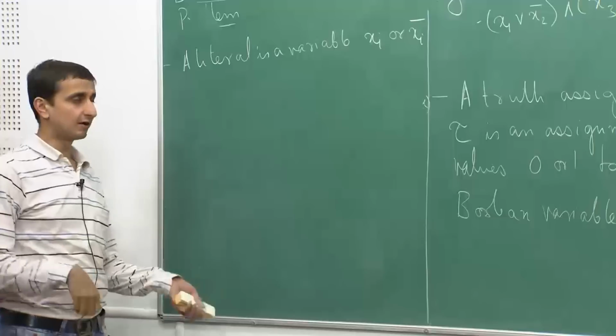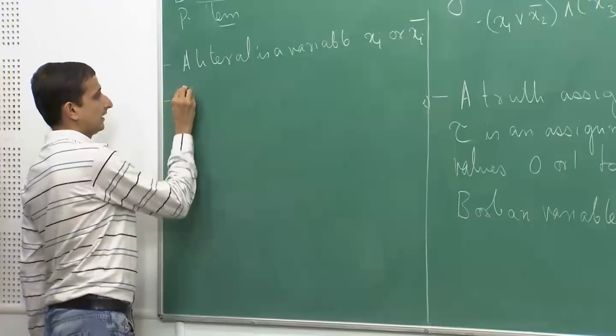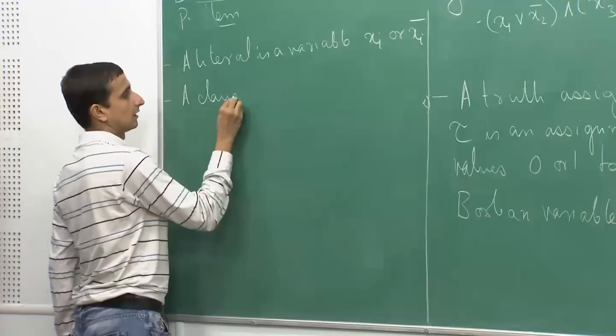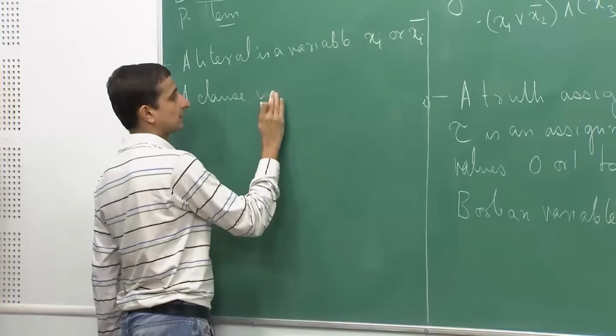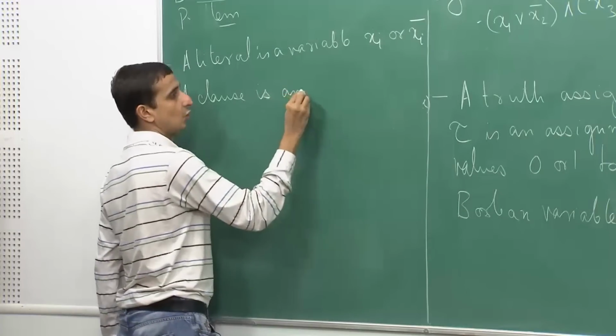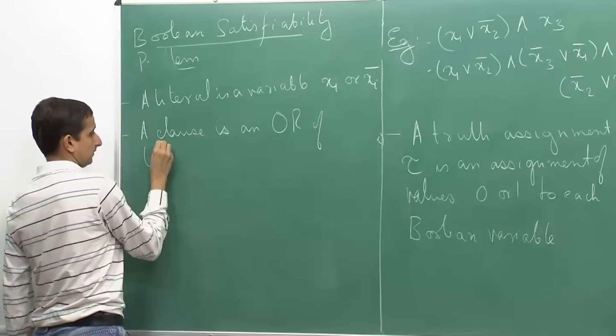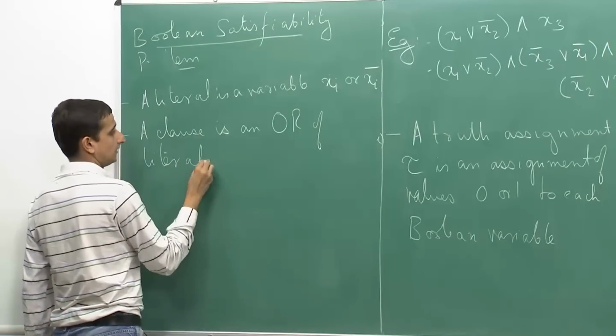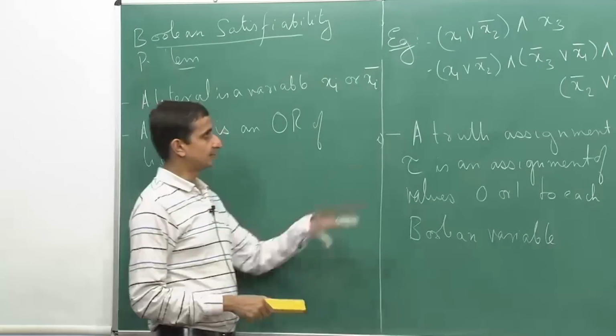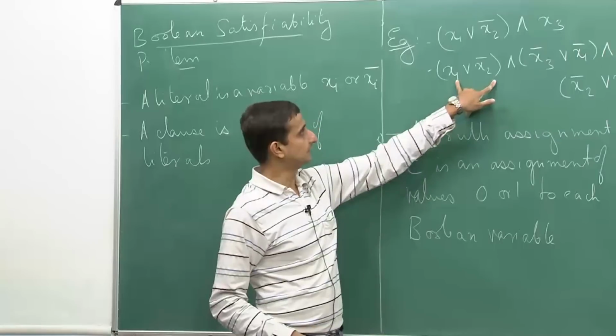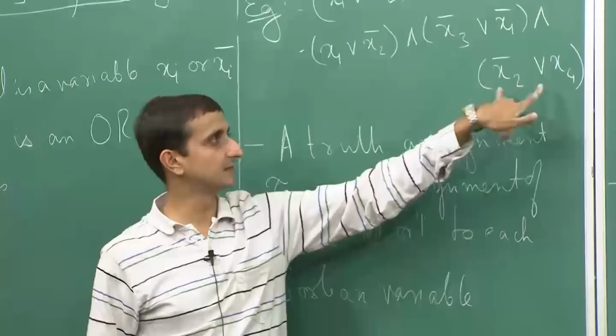So, it is a variable or its complement. A clause is an OR of literals. For example, in this Boolean formula, this is a clause, this is a clause and this is a clause.